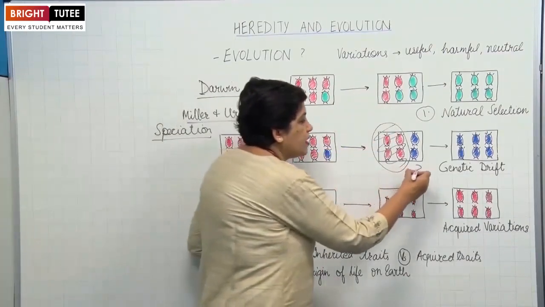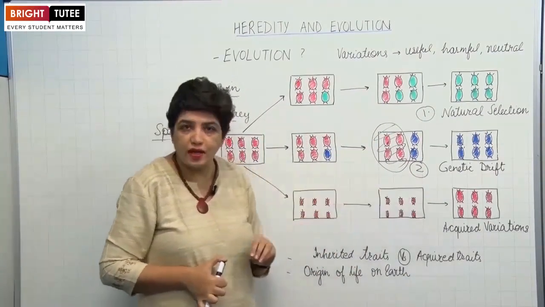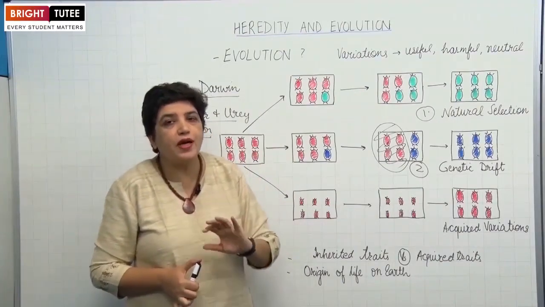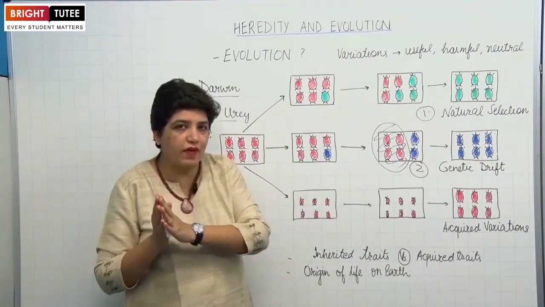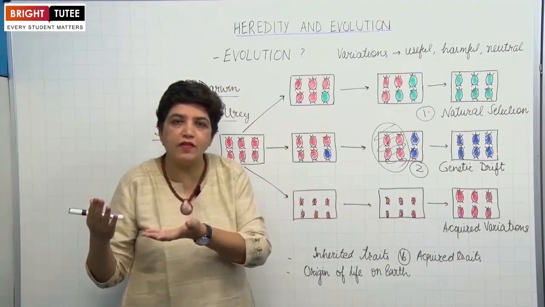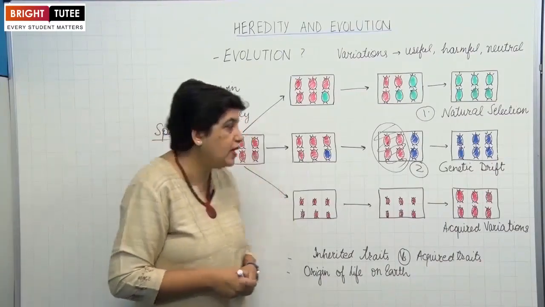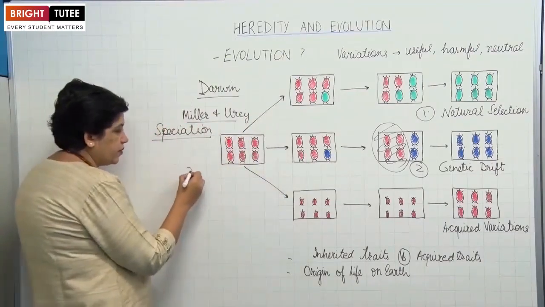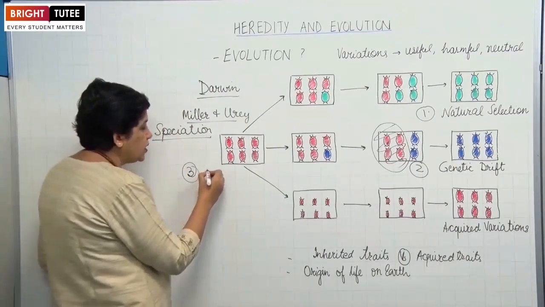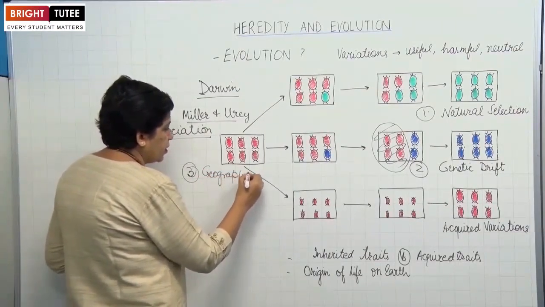The second reason is genetic drift, in which the organism had a variation, but because of chance survival, one gene pool was eliminated and the other survived by chance, and it grew into a new species, right? The third method given by Darwin was geographical isolation.